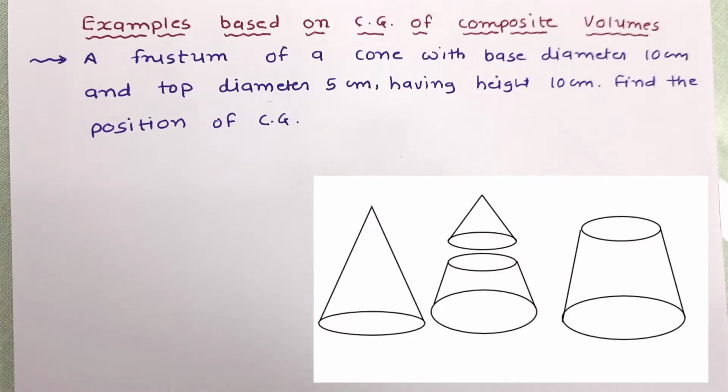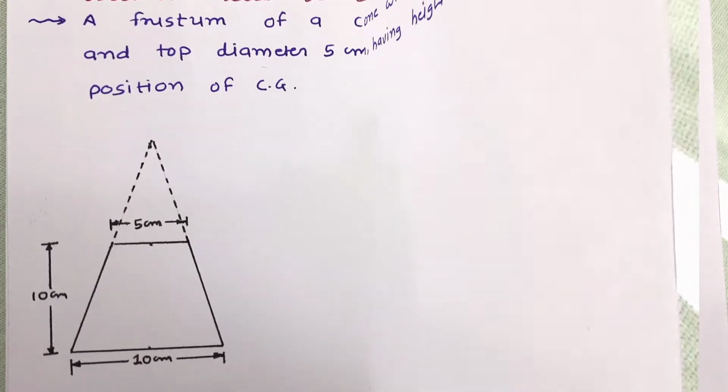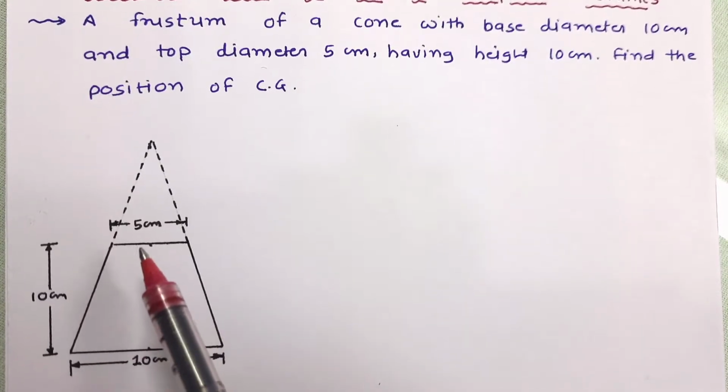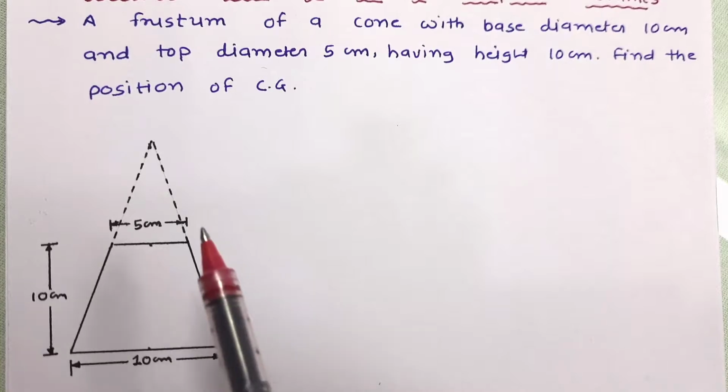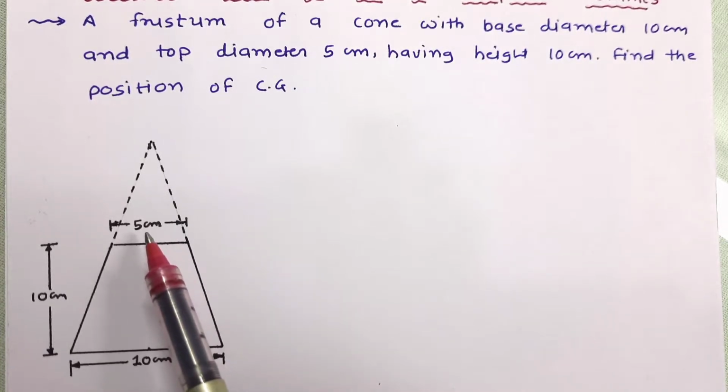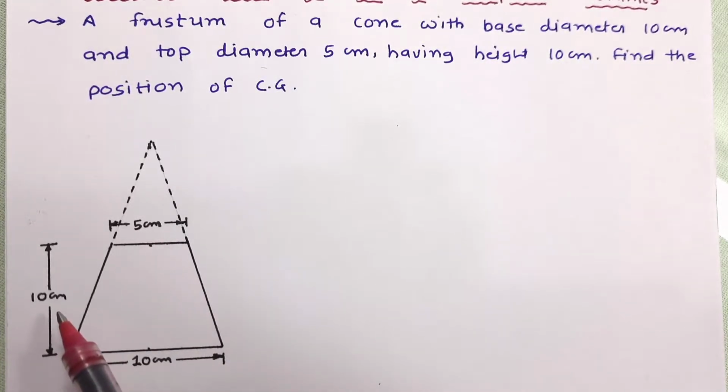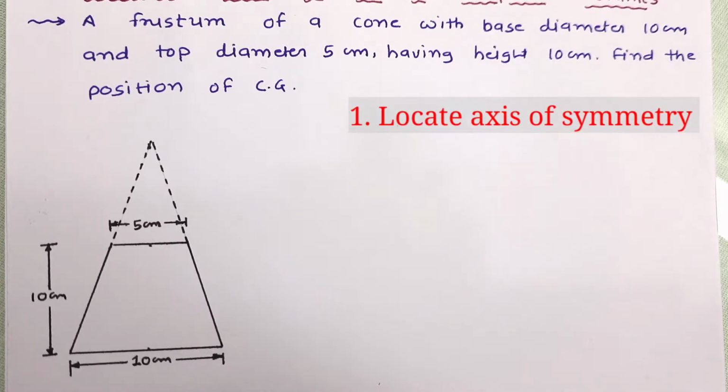So let us start with the drawing. So this is the frustum of cone which has base diameter 10 cm, top diameter 5 cm and height 10 cm. Now we want to find CG of this frustum of cone. Following the steps, the first step is to determine the axis of symmetry, if any.